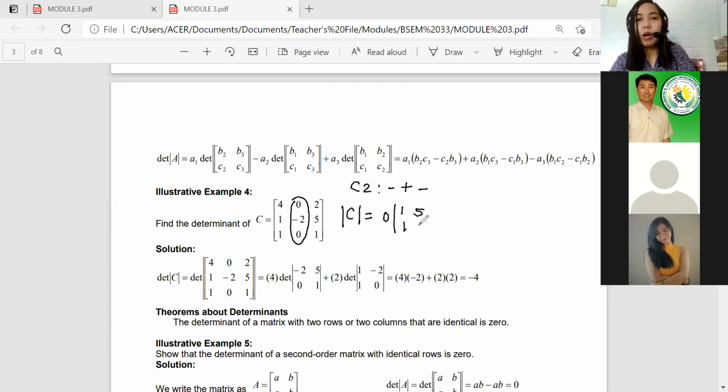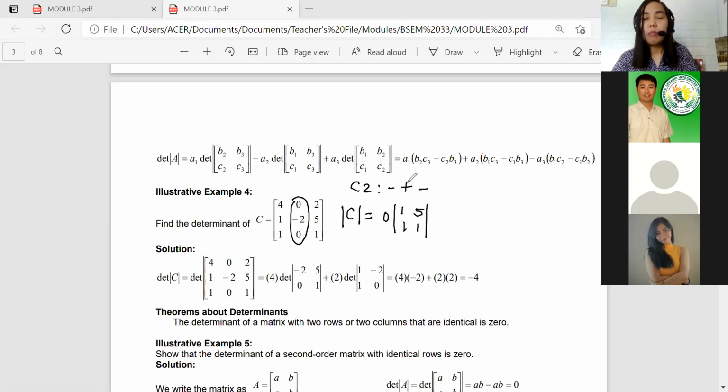What did I mean earlier? When you simplify this and get its determinant, whatever the value, you're going to multiply it by 0. So it's still 0, because any number multiplied by 0 is still 0. So it's easy to find the determinant if there is an entry or elements that are 0. Okay? So this is 0.